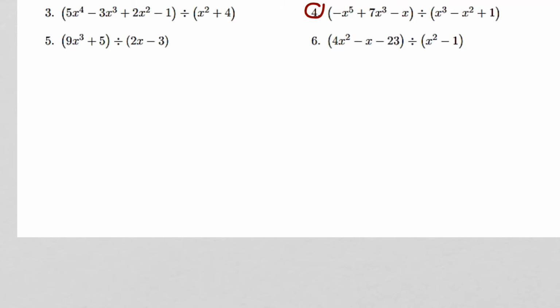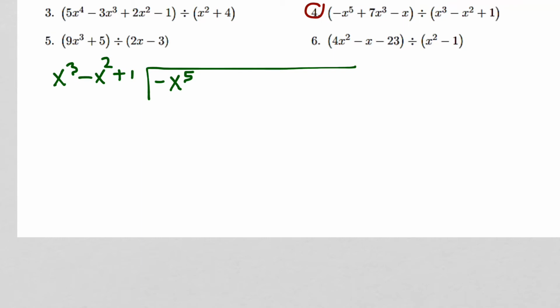I'm going to say x cubed minus x squared plus 1 is my divisor out front, divided into the polynomial negative x to the 5th. Now notice that there's not an x to the 4th term, so I need to put a placeholder term in there, 0 x to the 4th, in case I need that column.